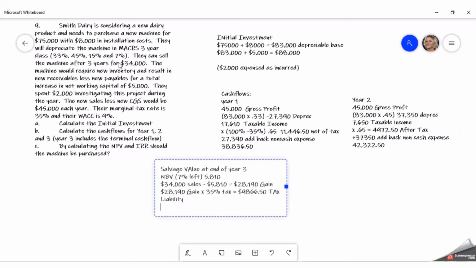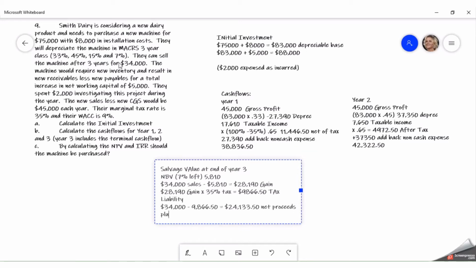So then our salvage value is, okay, we're going to get $34,000, but we are going to owe the IRS on that gain. So we don't owe the whole gain, but we owe the taxes on the gain. So if we take the taxes and we subtract it from the $34,000, we will get $24,135.50 as our net proceeds.